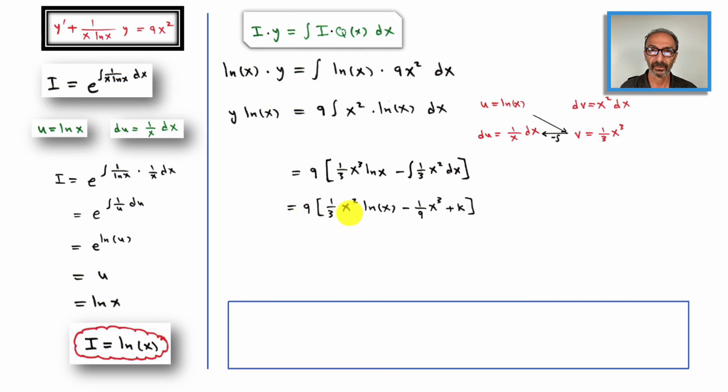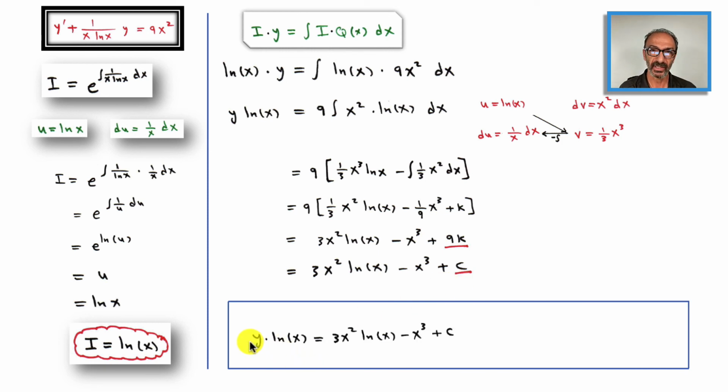Multiplying by 9 all over. 9 times 1/3 will give me 3. 9 times 1/9 will give me 1. So we have the following. This constant of integration becomes 9k. Let's call it c, for convenience. And now we have y ln x equals this much right here.